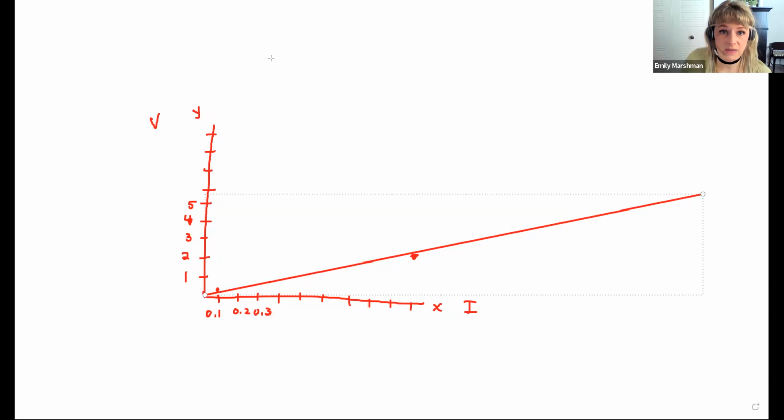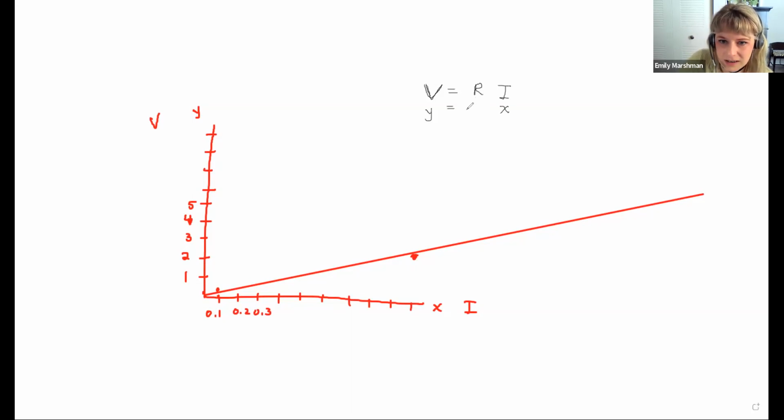Why? Well, because if I've plotted voltage on the y-axis and current on the x-axis, the only thing left here, according to Ohm's law, is that resistance, right?